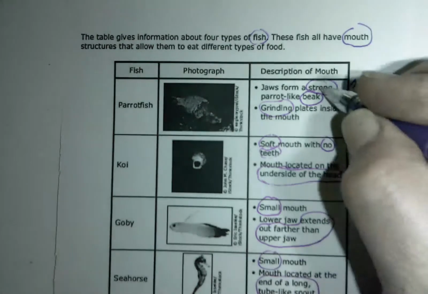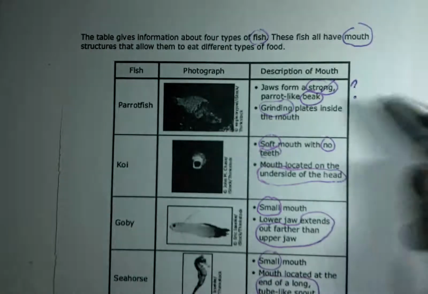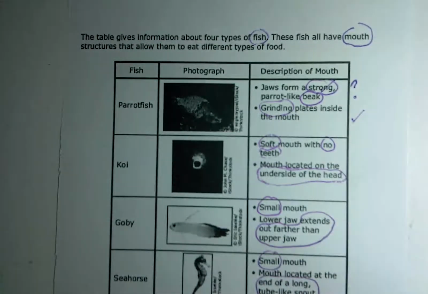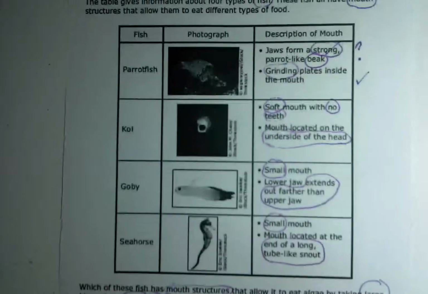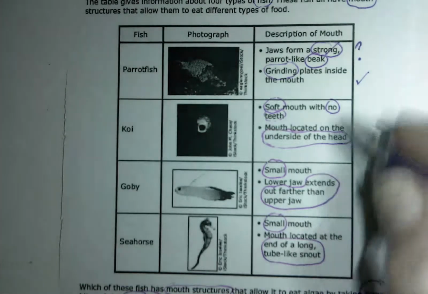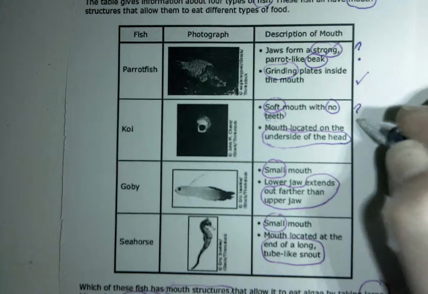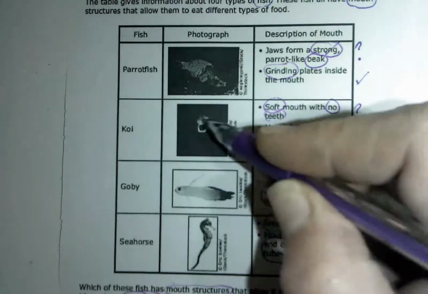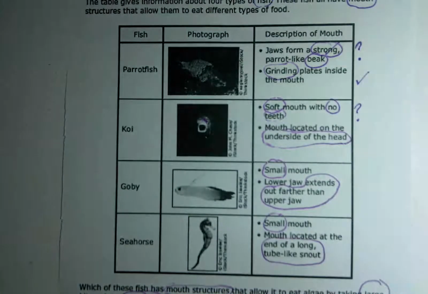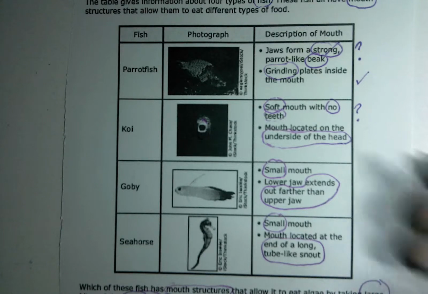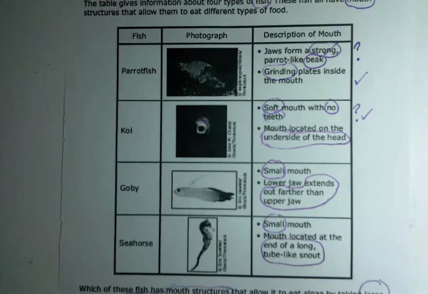So yes, it has strong beak-like teeth, so it will be able to handle hard. Okay. Up here on koi, it doesn't say whether or not it's a large or small mouth. You might be able to look at this picture right here and say that it has a large mouth and that it would be able to handle the large part of it. So you could either put a question mark or a check there.